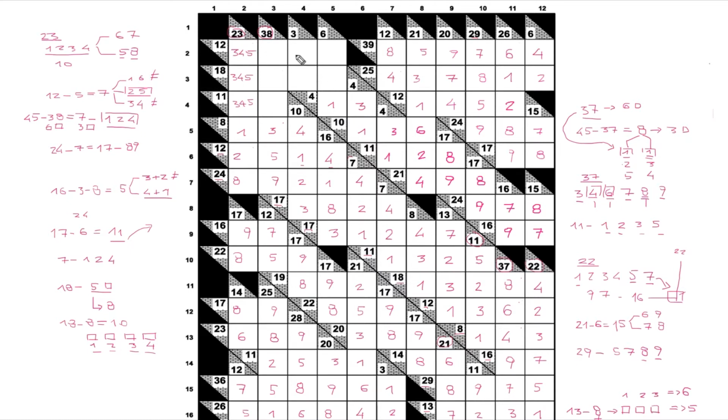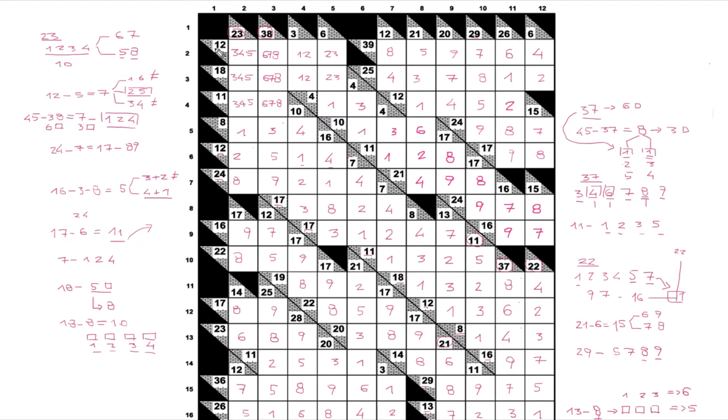Okay, number 3 can be 1 or 2, and number 6 has to be 2 or 3. Number 38, there are 6 digits and without 1, 2 and 4, 1, 2, 3, 4, 5, and there are 3 remaining numbers, 6, 7 and 8, and here will be 6, 7 or 8, and here in this cell also one of these 3 numbers.